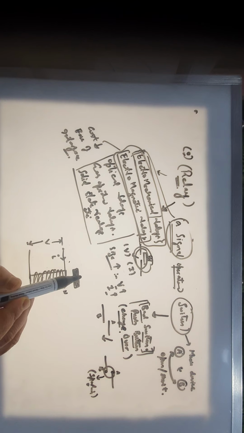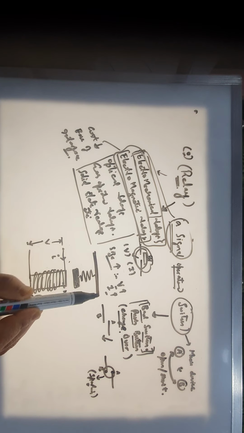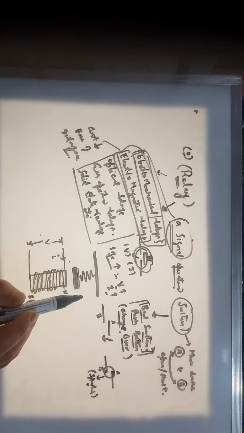So in order to keep it off, we need a spring. We have a spring that is normally connected to the housing of this relay. So whenever I give voltage to this electromagnet, this ferromagnetic material will simply be attracted towards it, and when we release the signal, when we release the connection here, it will come back. So what is done normally?